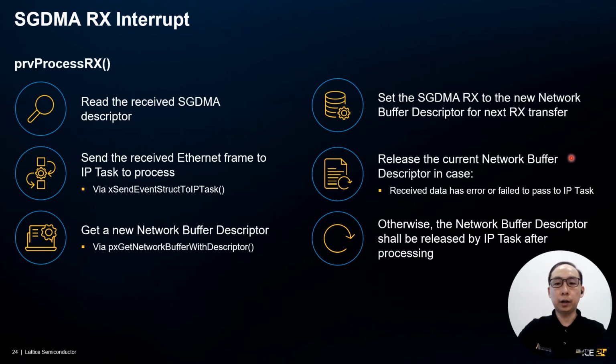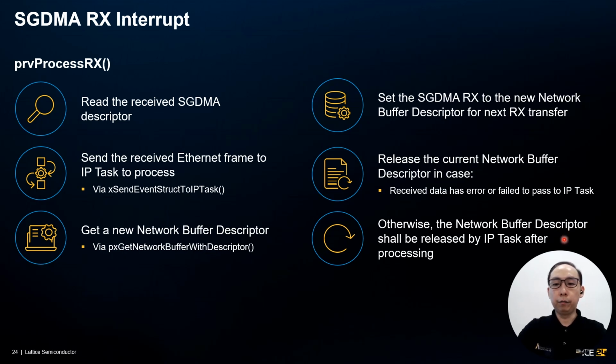Next, this API also releases the current network buffer descriptor in the case where the received Ethernet frame has an error in it, or there has been a failure when passing the Ethernet frame to the IP task. In both cases, the current network buffer descriptor is no longer in use and shall be released immediately.